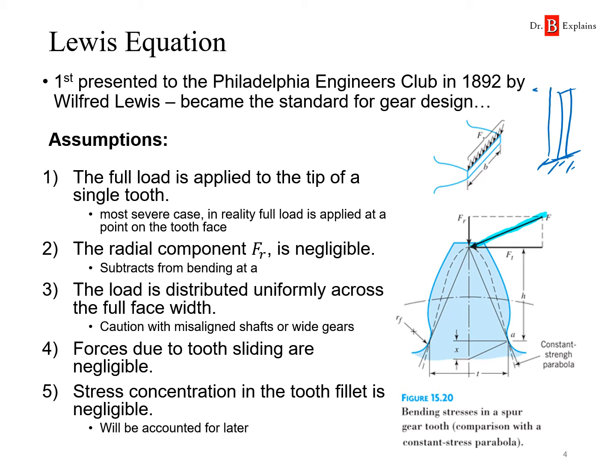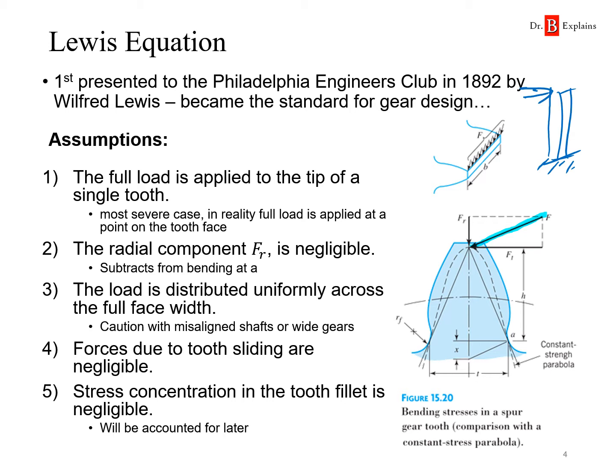Well, the furthest away over here. So that's the first assumption. It's the most severe case, but usually it's not the case, because the contact ratios are usually more than one, which means usually the load is shared between at least two gear teeth. Anyways, the assumption is only one, just to make the analysis simpler.